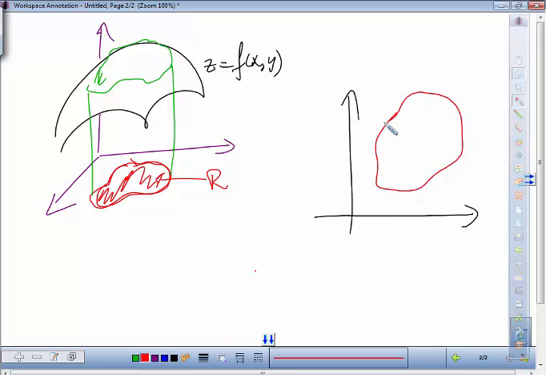For this, I'm going to simplify my region even more so that we can work with it. Let's say this is R that we're dealing with on the XY plane, and we want to integrate over this.